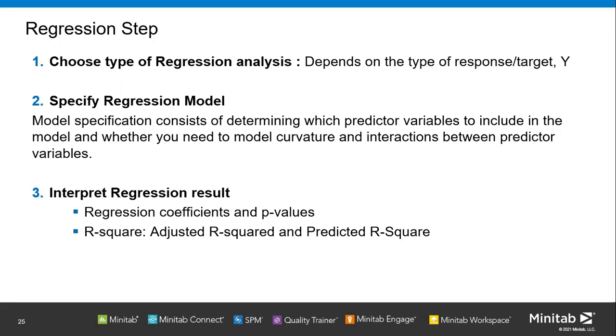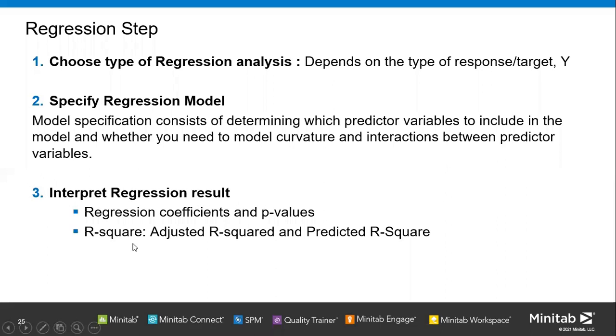We have three types of R squared: R squared, adjusted R squared, and predicted R squared. All these R squared values show how well your model explains the percentage of variation in the response.